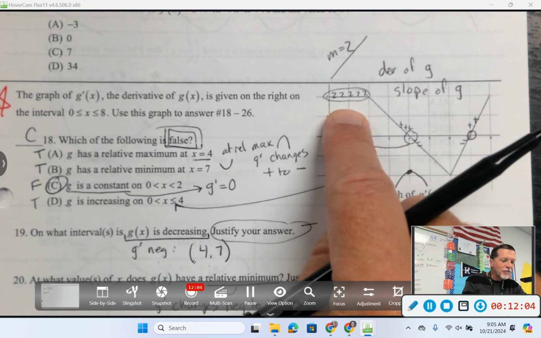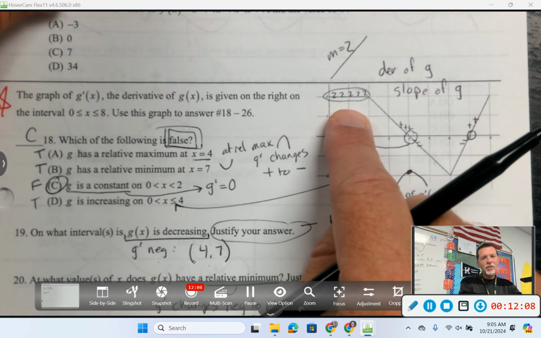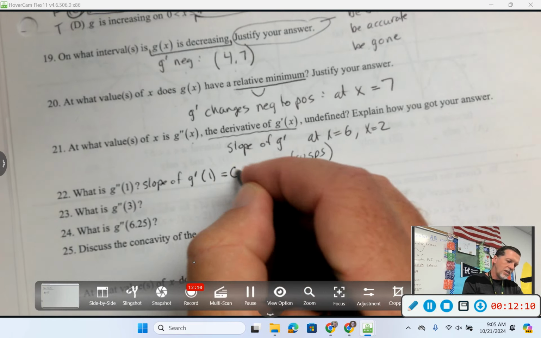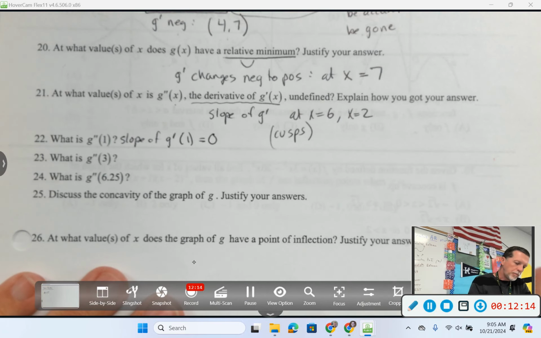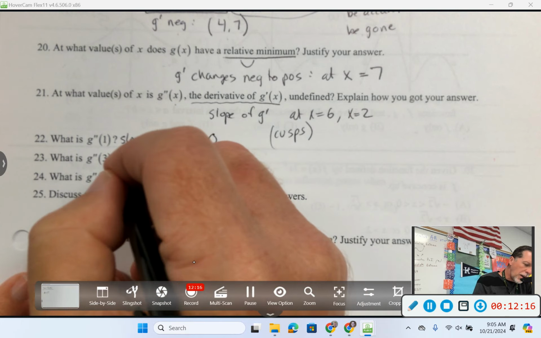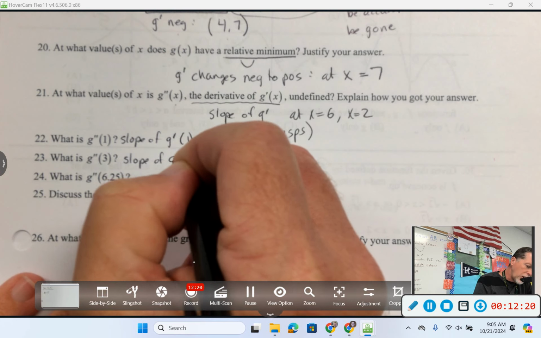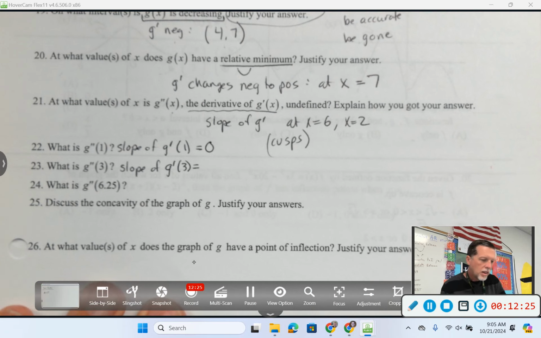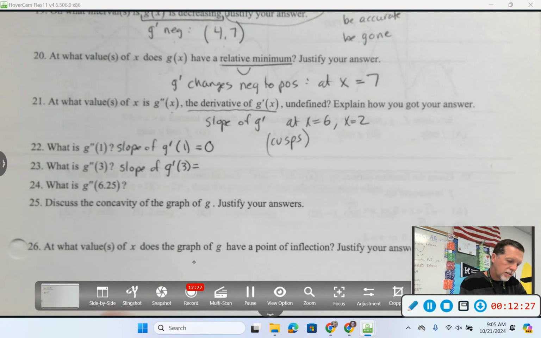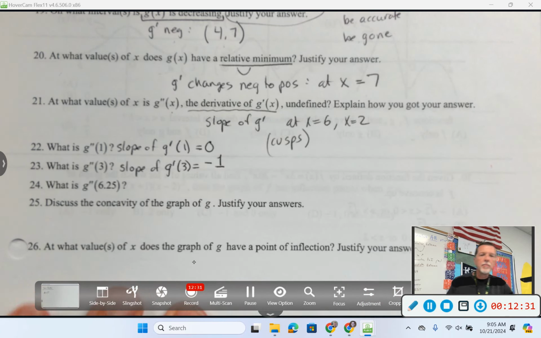This is the graph of G prime. So G prime is 2, but the slope of G prime is 0. G prime at 3, so kind of the same thing. I want the slope of G prime at 3. Negative 1, just down 1 over 1.